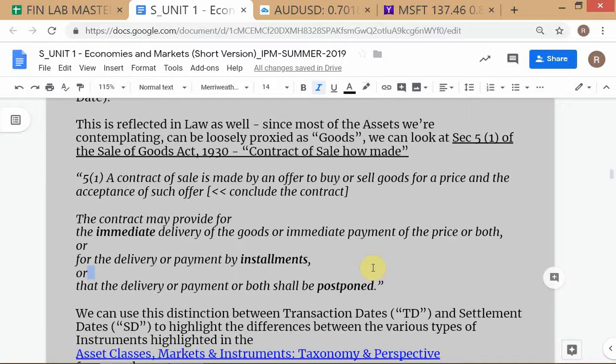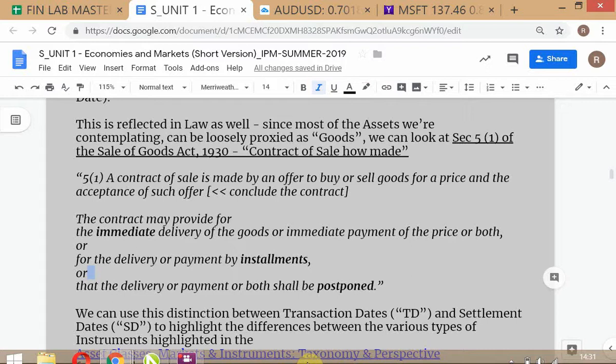We don't say that there is no settlement date. Are you following? Yes. So this discrete definition of a settlement date as the day on which the exchange of assets has to happen is always going to be present. Is that clear? Everyone's following?